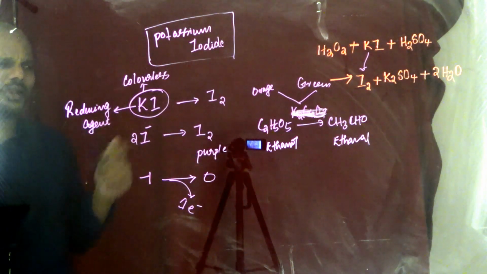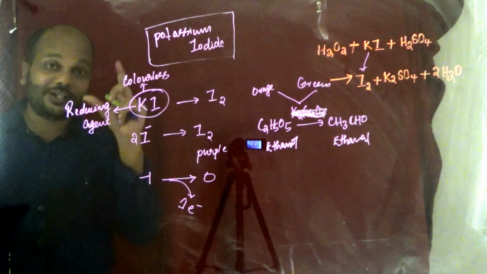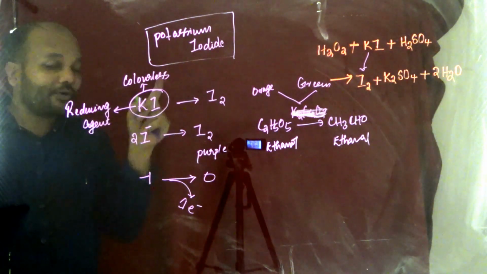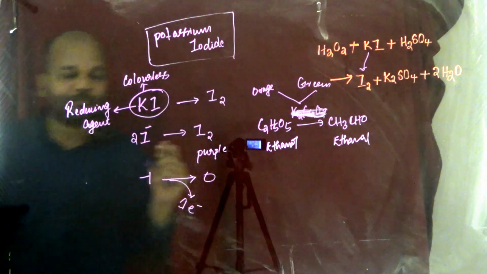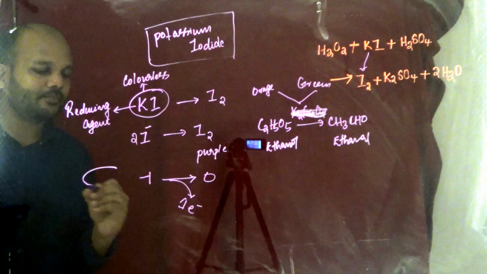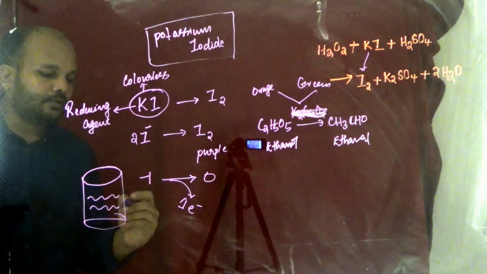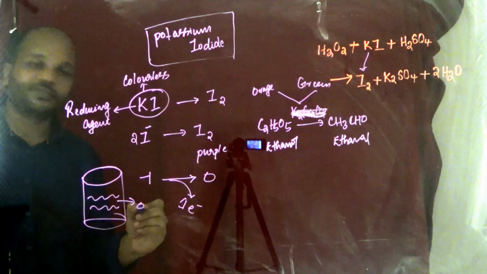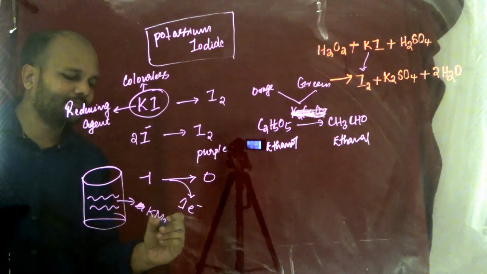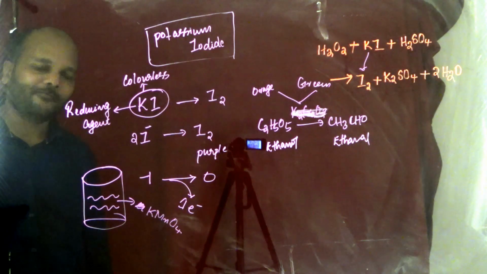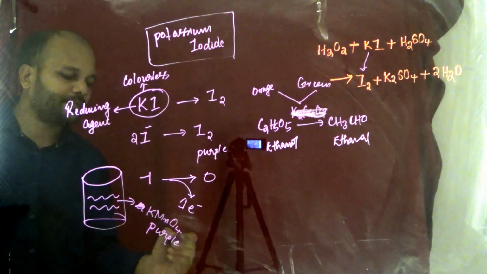Just like KMnO4 and potassium dichromate are used for testing the presence of a reducing agent, potassium iodide is used for testing the presence of an oxidizing agent. Think in this way: suppose you have a beaker containing an oxidizing agent, let it be KMnO4, which is purple in color.